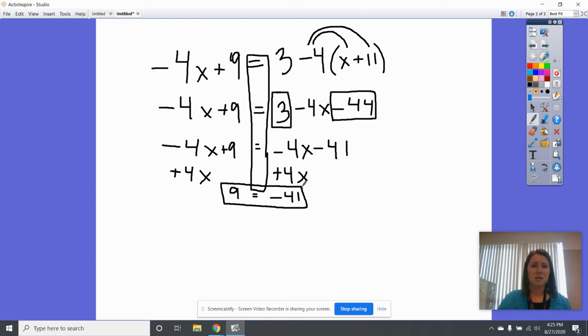The x has disappeared. But both sides of the equal sign are not the same. This means there is no possible number that you could put in there for x and find a way that this side of the equal sign is exactly the same as this side of the equal sign. So we call this no solution, because really there is no answer.